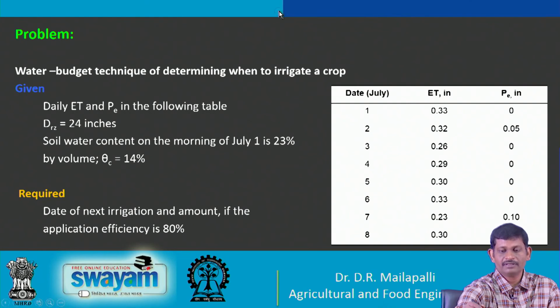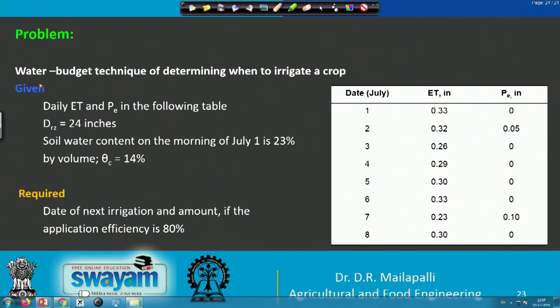This problem will illustrate using the water budget technique to determine when to give irrigation to a crop. Let us say these data are given: daily ET and effective precipitation, from the table.